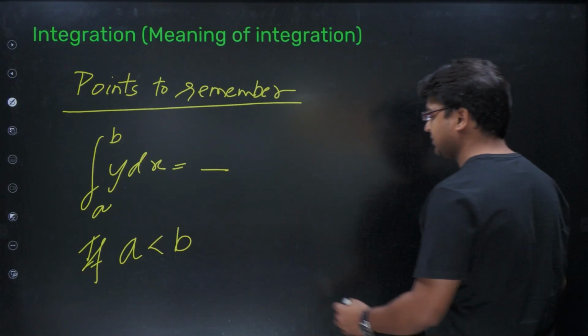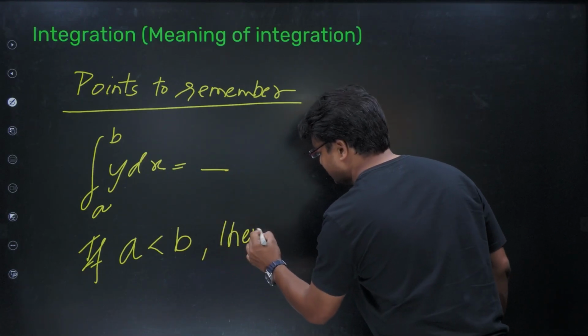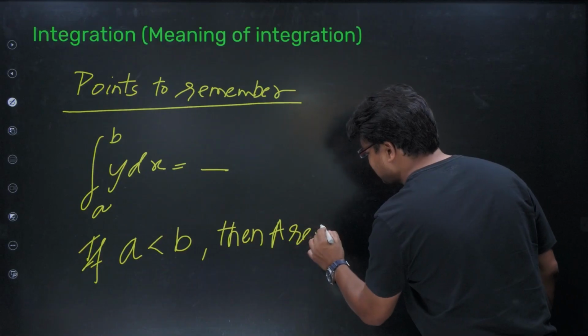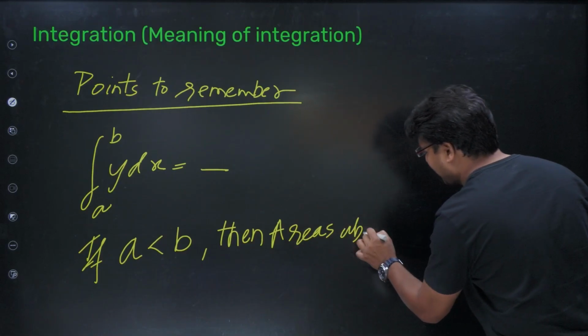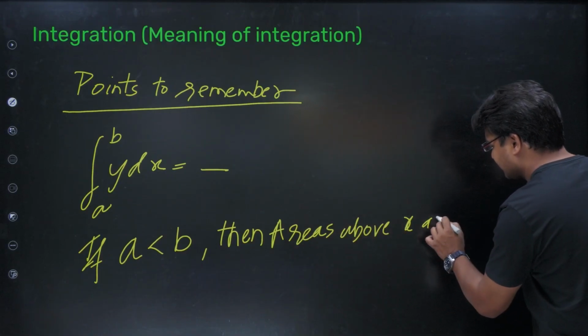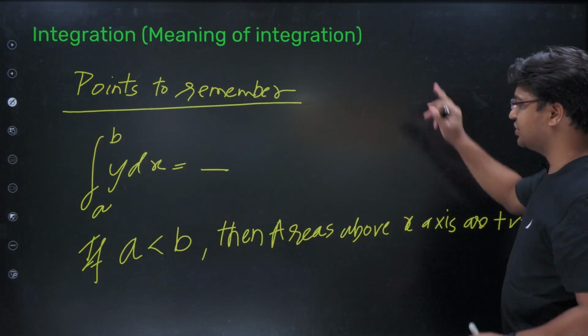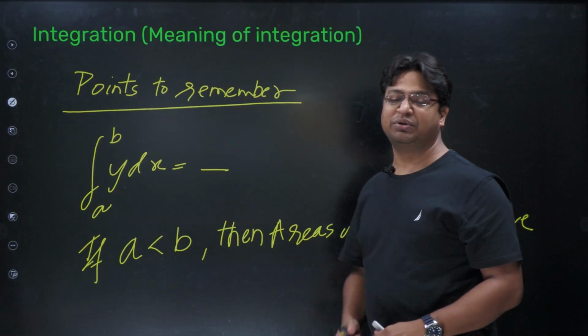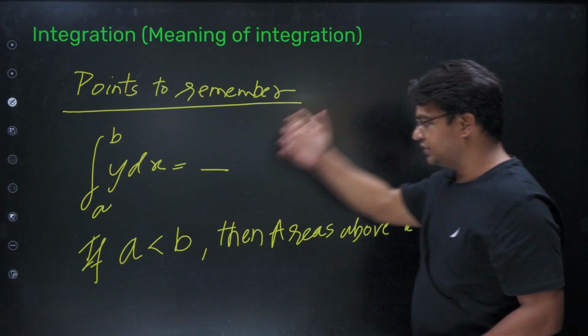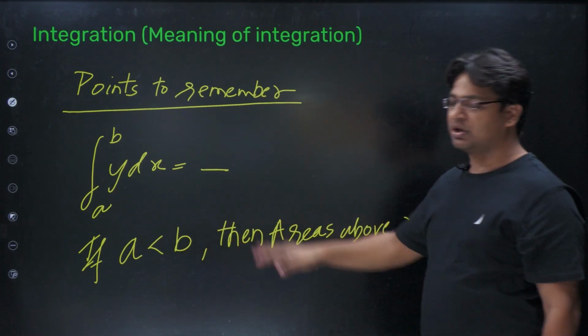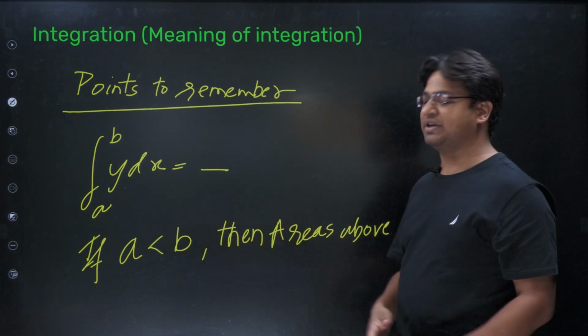If a is less than b, then areas above x-axis are positive. That means any function that is above x-axis and you're trying to integrate with this rule, keeping the lower limit smaller than the upper limit, you will get a positive answer.